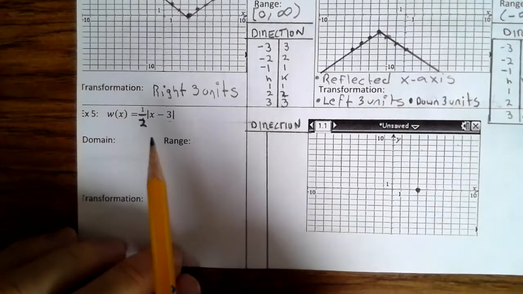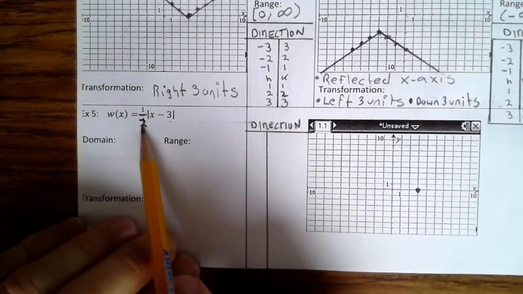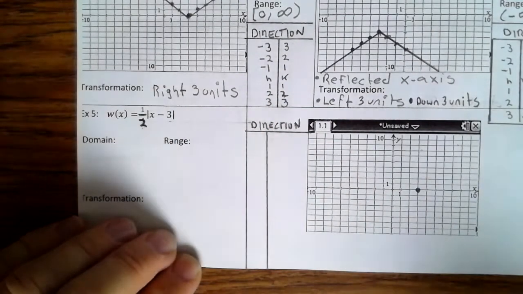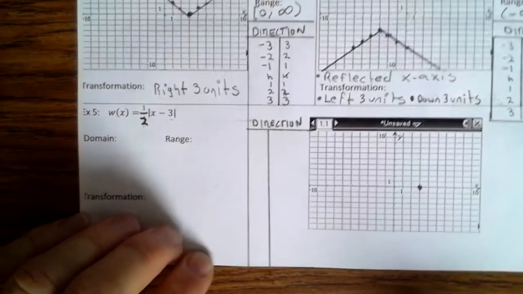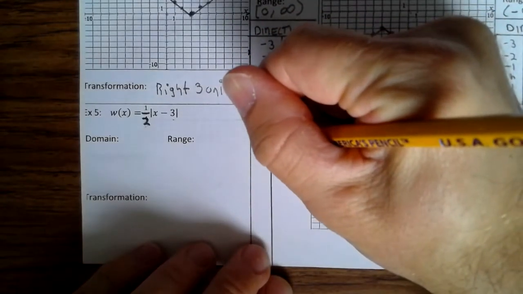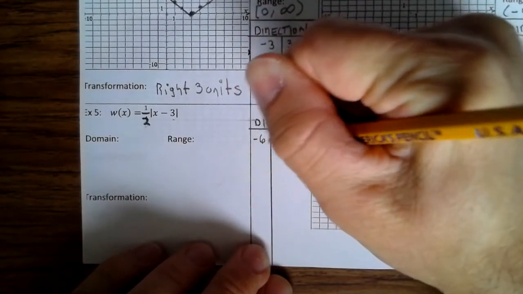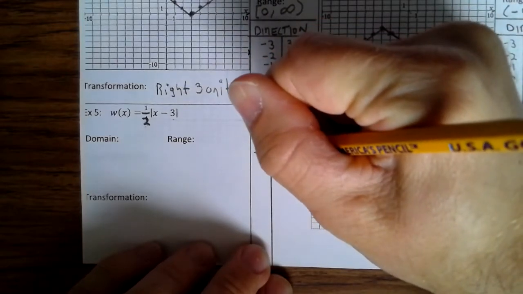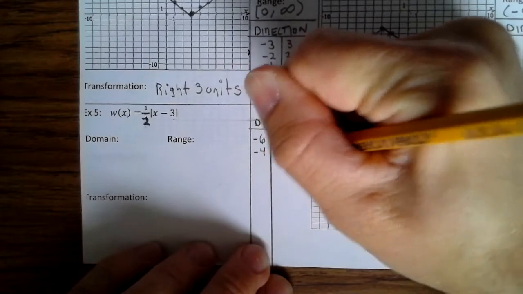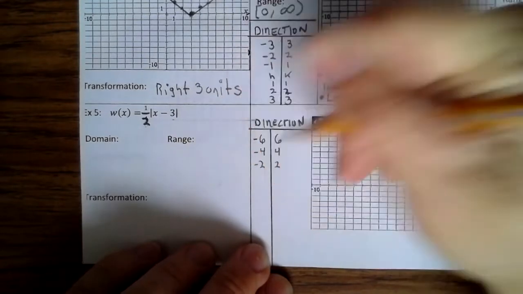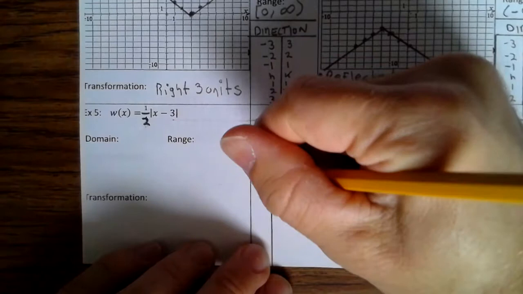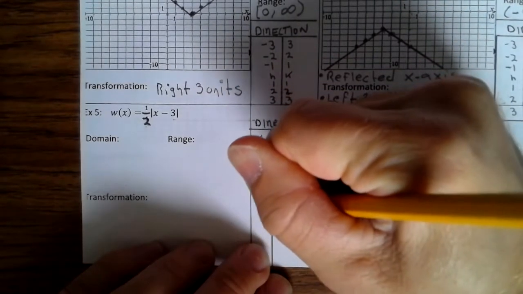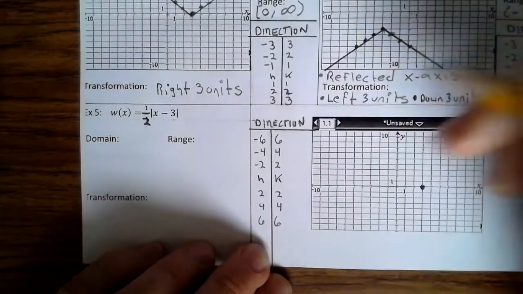Now, because I know I need to multiply the values by 1/2, I'm not going to use the same directions. I'm going to pick some values that I know will work, that are divisible by 2. So I'm going to use -6, 6, -4, 4, -2, 2, new vertex HK, 2, 2, 4, 4, 6, 6.